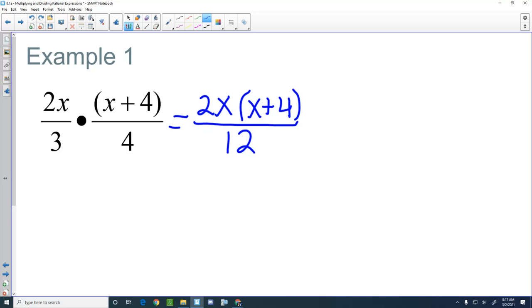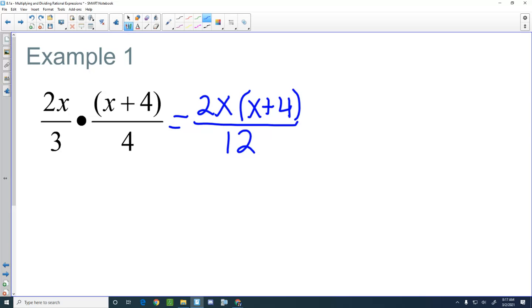Now notice how I did not distribute in the numerator, right? Could I take that 2x and multiply it by the x in the x plus 4? We could. But we don't want to do that just yet. We want to simplify anything that we can first before we multiply. So looking at this fraction now, look at the numerator and look at the denominator.